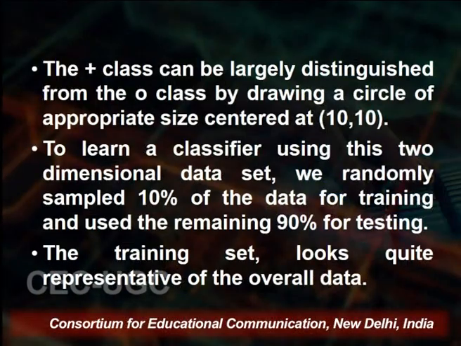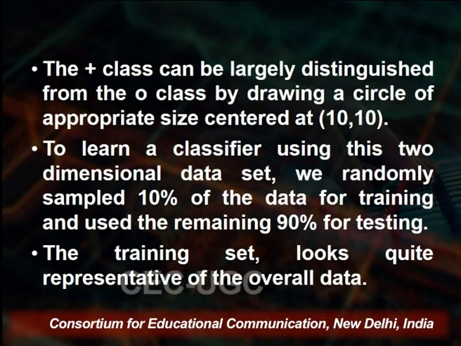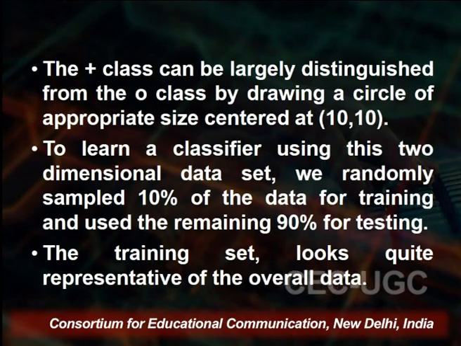Now the plus class is largely distinguished from the O class. How? Because you can draw a circle centered at the point (10, 10). To learn a classifier using this two-dimensional data set, we sample 10% of the data for training and use the remaining 90% for testing.